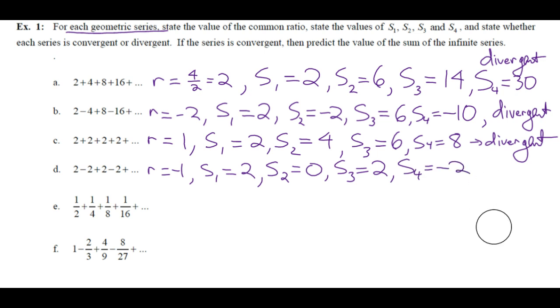And this series is divergent. And if you add them up, you're either going to get a 2 or a 0, right? That's the only possible sums, and they're just going to alternate. So it cannot converge, right? It cannot come to a value.